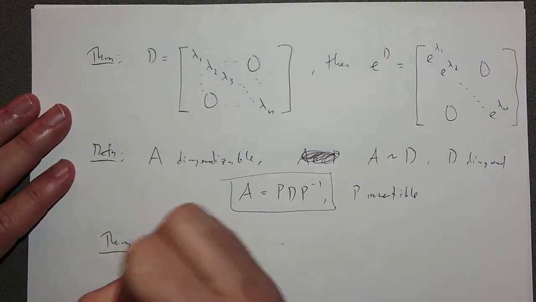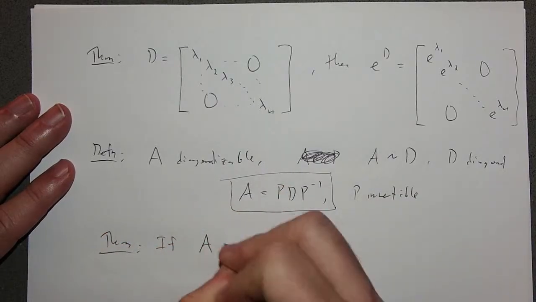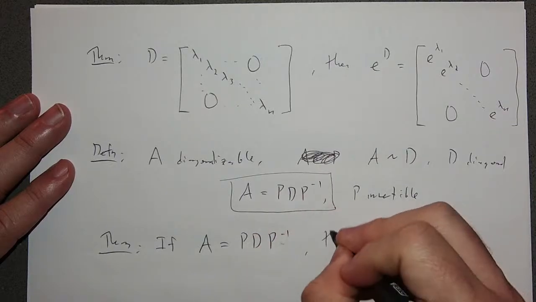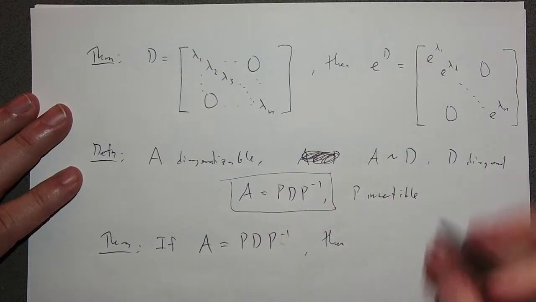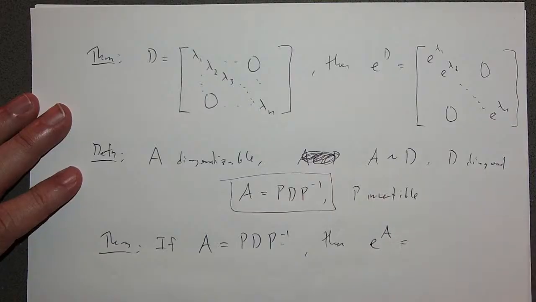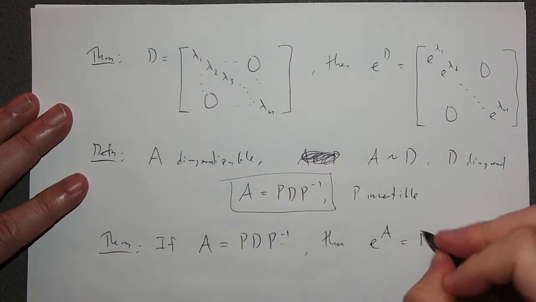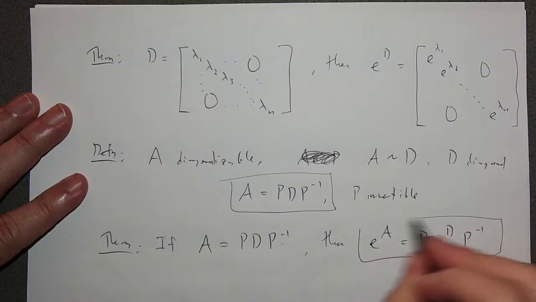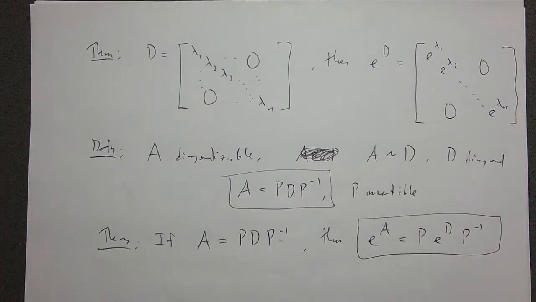So quick theorem: if A is diagonalizable, which means A is equal to P D P inverse, then e to the A is equal to P e to the D P inverse. And this is key, because e to the D is easy to find, right?